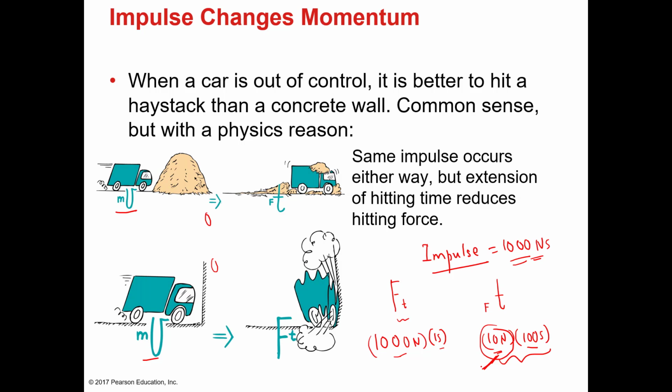Because this is a small force, there is less damage. And this is what happens when you hit the haystack, and this is what happens when you hit the concrete wall. Okay, you get more reaction force here, and less reaction force there.